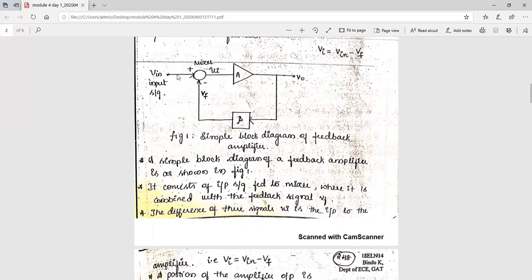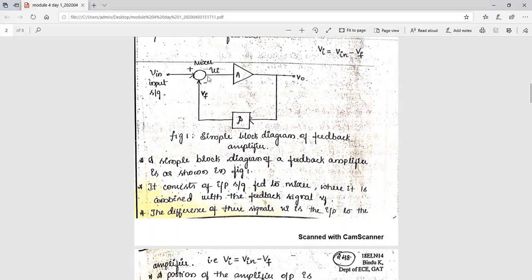And here we have one signal, that is Vin, the input signal, and that is given to the mixer, and a portion of the output is fed back through the feedback network beta, and the output of this feedback network is Vf.